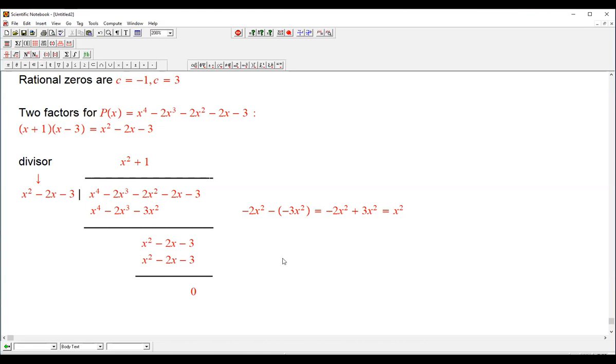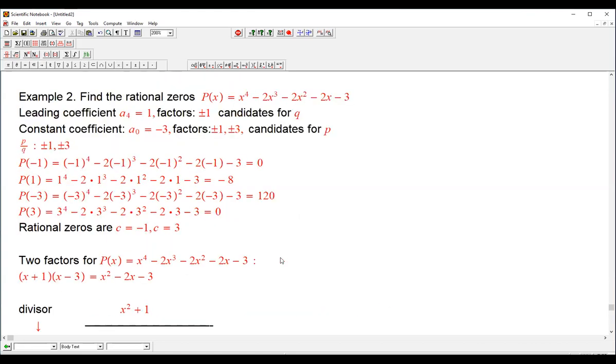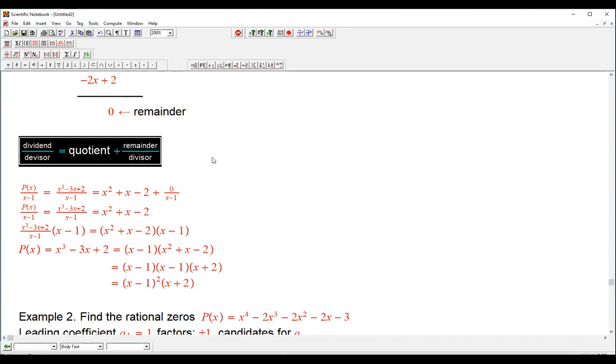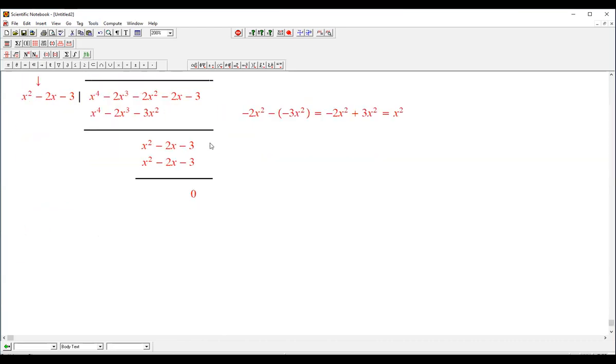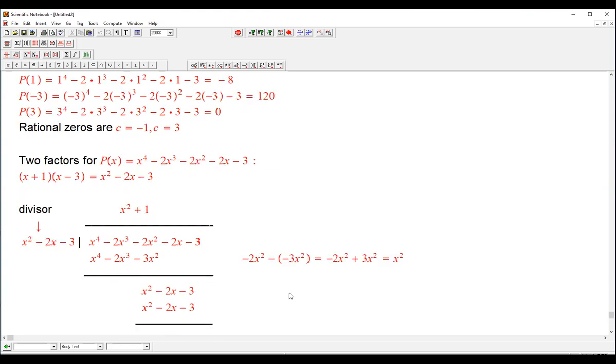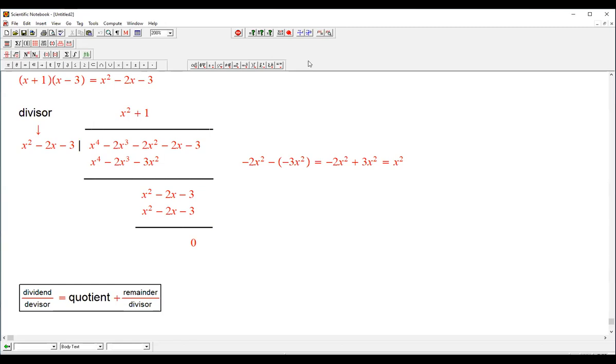Once this long division is done, I'm going to bring back this piece. We're going to review what's been done. We're going to use this form to bring our conclusion together. So this is the quotient, and of course, that is the dividend.